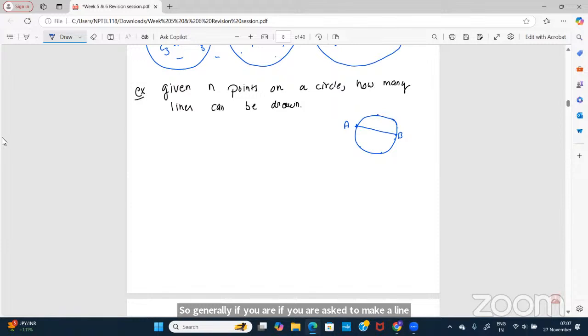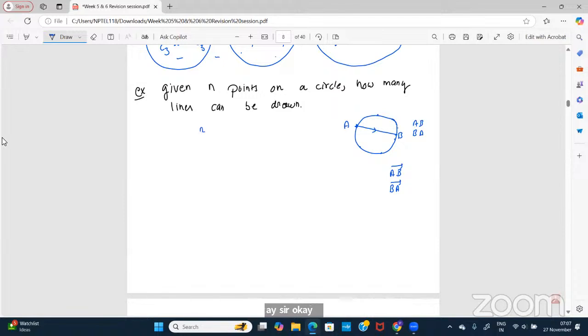But what if the direction is also there? Suppose AB is a vector. In that case, vector AB and vector BA will be different. If you are asked to make only lines, then order will not matter. Then line AB and line BA are the same.